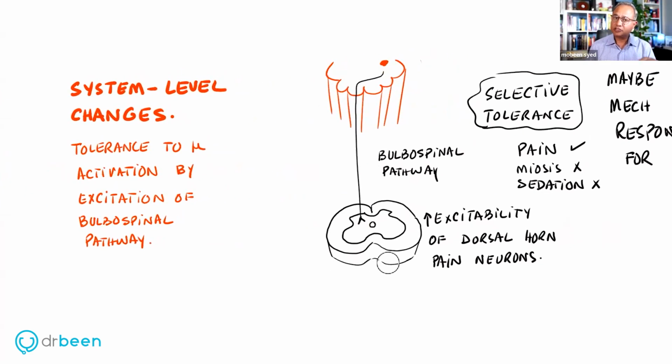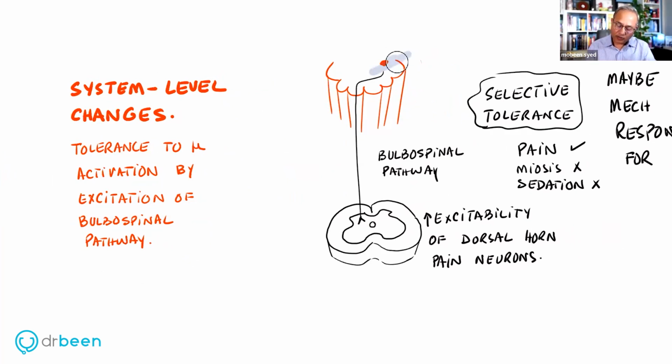Then the counter-regulation is also at the system level. For example, there is tolerance to mu activation by excitation of the bulbospinal pathway. This is a very important mechanism to keep in mind. The bulb is our medulla oblongata in the brainstem. The brainstem, or the medulla, has many vital centers in it. One of the centers is the respiratory center.